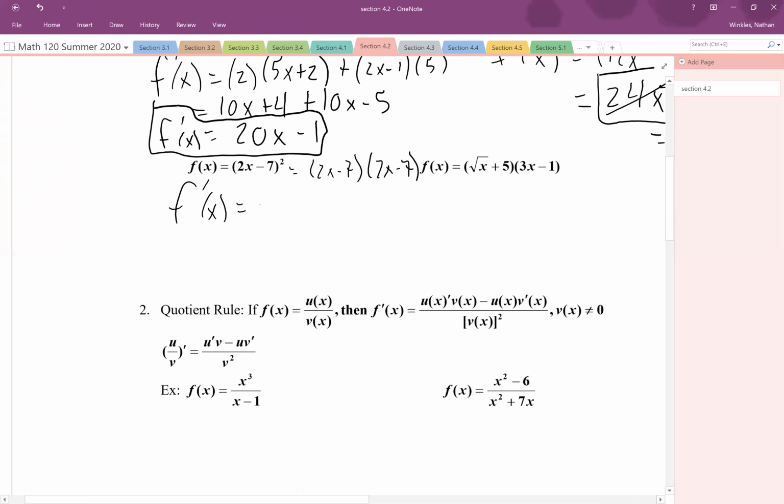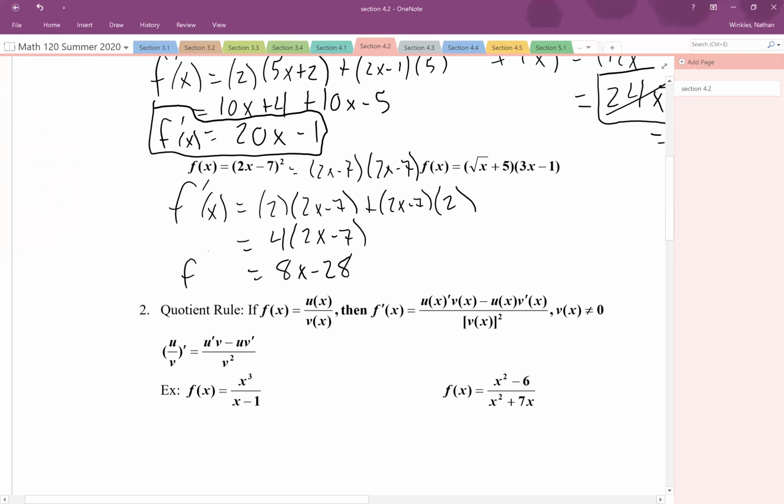So the derivative of the first is 2 times the original of the second plus the original of the first times the derivative of the second. So we have 4 times 2x minus 7, which is 8x minus 28 as our derivative here.